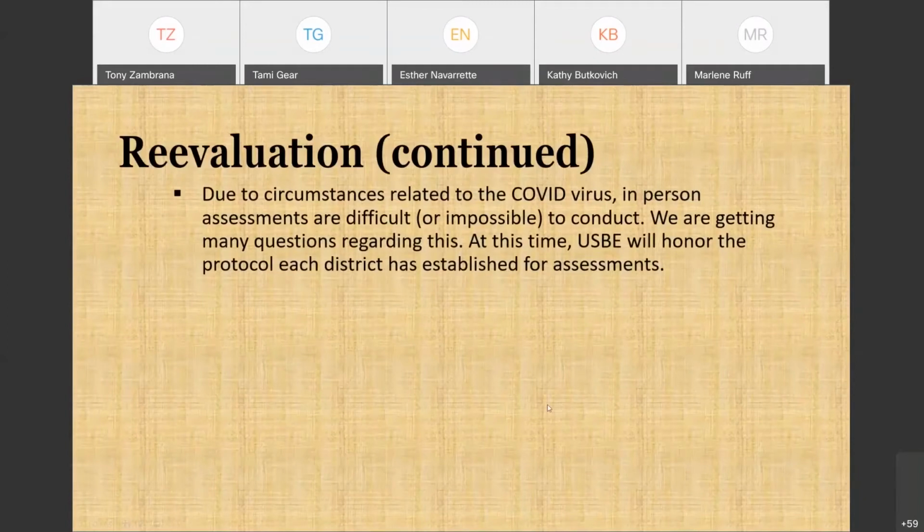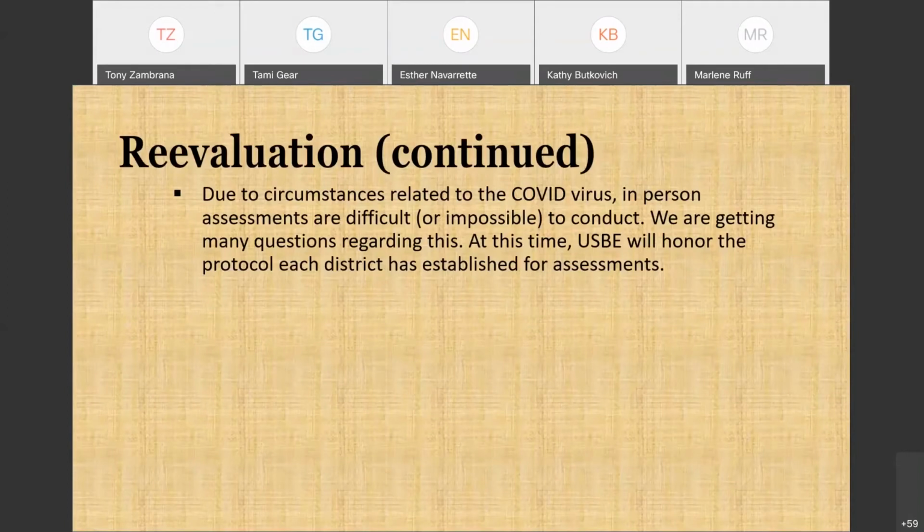One of the issues that we have had due to COVID is that having in-person assessments can sometimes be difficult or impossible to conduct. I know that in some cases of reevaluations, districts are way behind because of it. There are a lot of questions about this, but at this time, USBE will honor the protocol each district has established for assessments.